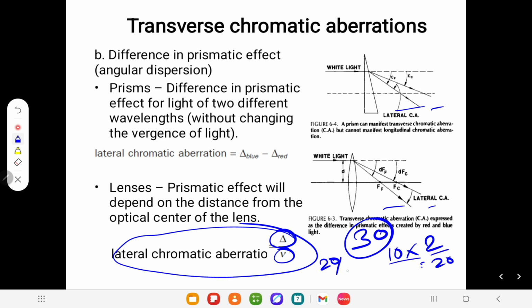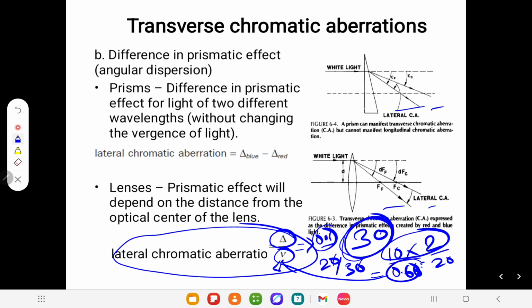So 20 divided by 30 is approximately 0.66. Now this value is the lateral chromatic aberration. So this is the prismatic effect, as we know, a simple formula, power into displacement, divided by the Abbe value. If this value is greater than 0.1, then the optical system can create problems.